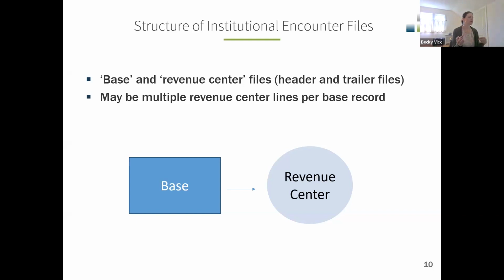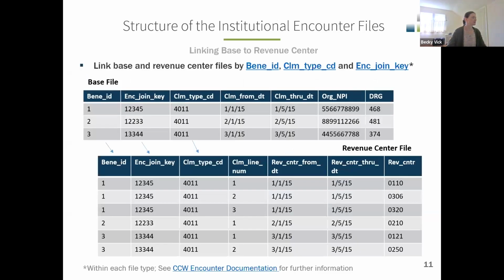The revenue center file might contain multiple lines for that encounter, and you link them together by using these three variables. That will give you the unique key that you can use to link the base to the revenue center file.